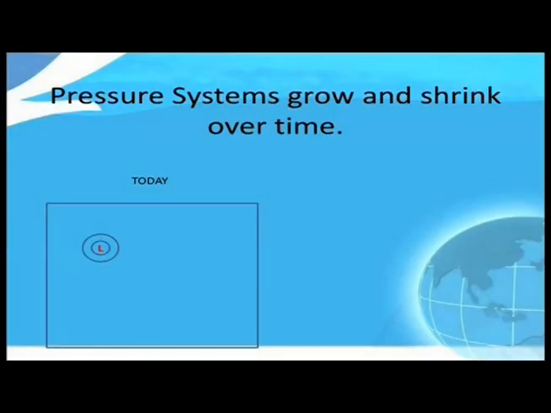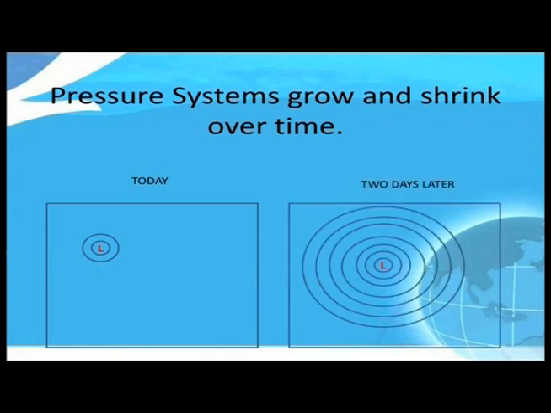Another factor about pressure systems is they grow and they shrink over time. For instance, today there might be a small low pressure center, maybe near you or maybe some other location. A couple days later, this low pressure center may be quite expansive. It might cover a very, very large area.